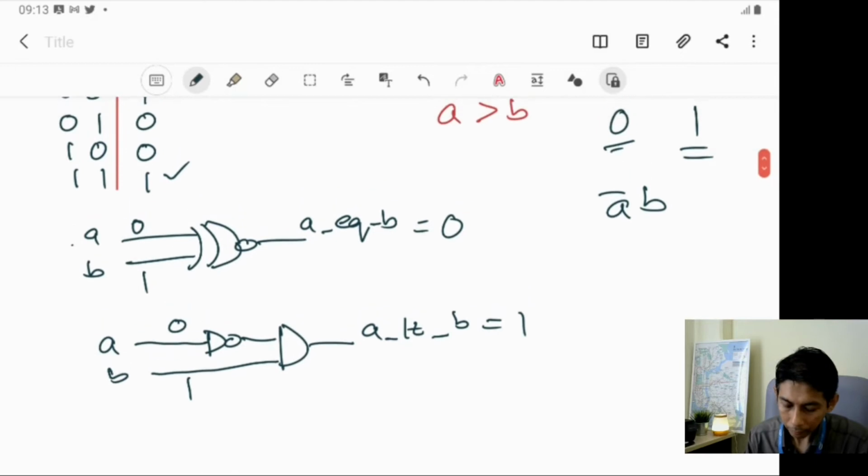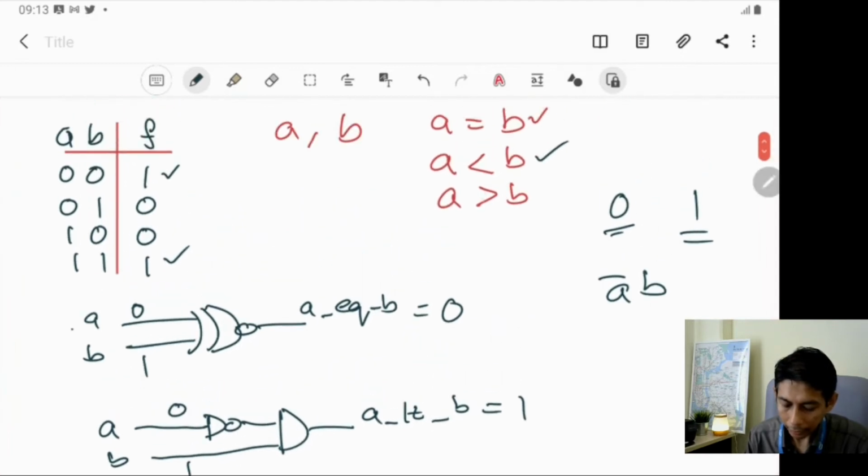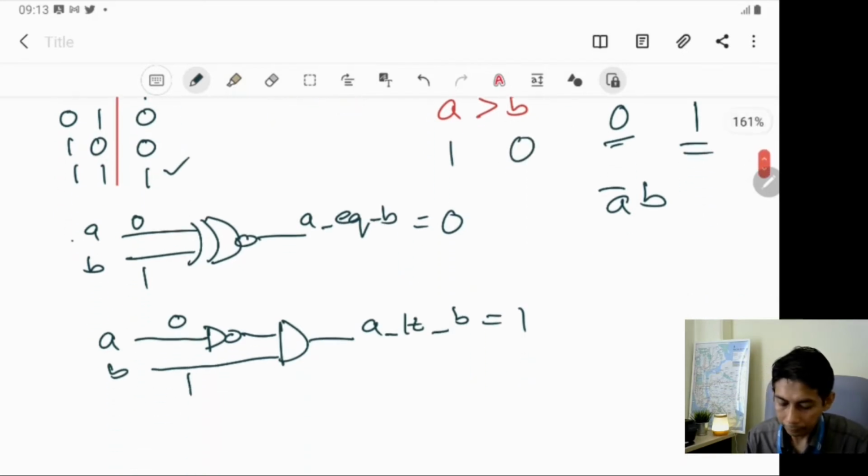Now, for A greater than B, the value for A must be 1 and the value of B must be 0. So it should be A and B bar.